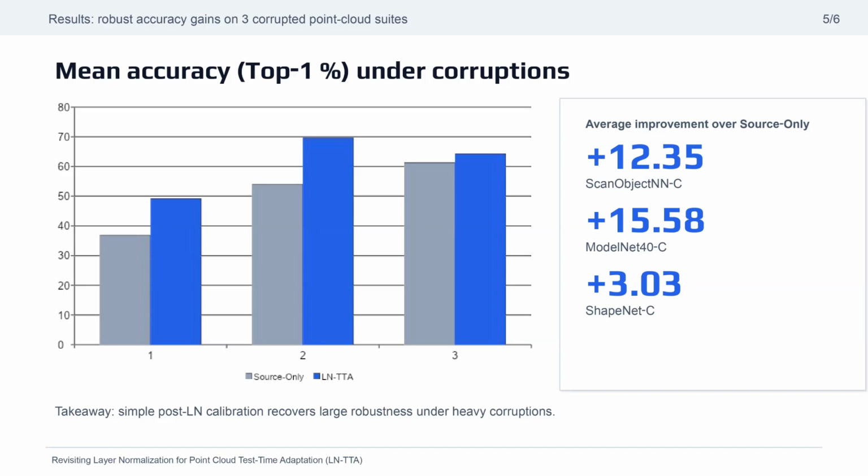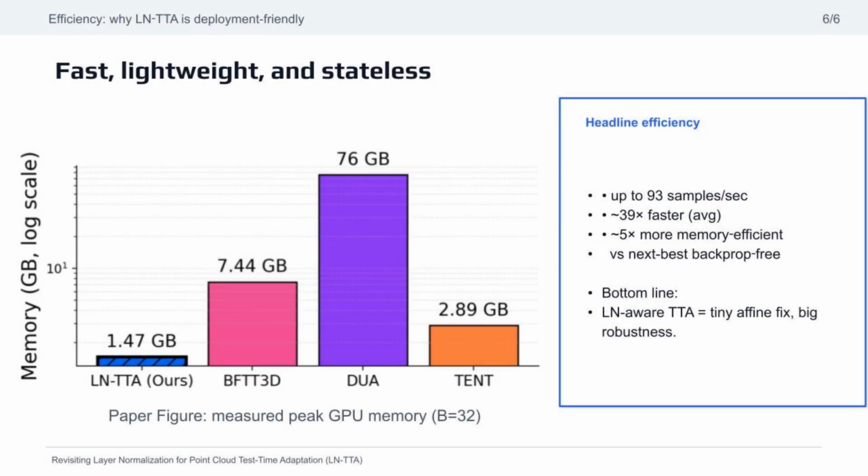In average top 1 accuracy, the tables show LN-TTA reaching about 49.31% on ScanObjectNN-C, 69.74% on ModelNet-C, and 64.38% on ShapeNet-C. So the main takeaway, you get robust improvements without doing test time training.